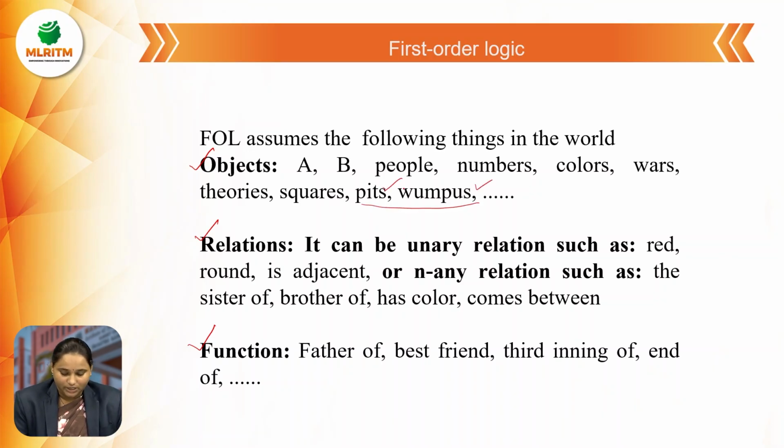Next, a relationship can be unary, binary, or any relationship. Unary relationships can be such as red, round, adjacent. Other relationships are such as sister of, brother of, has color, comes between.